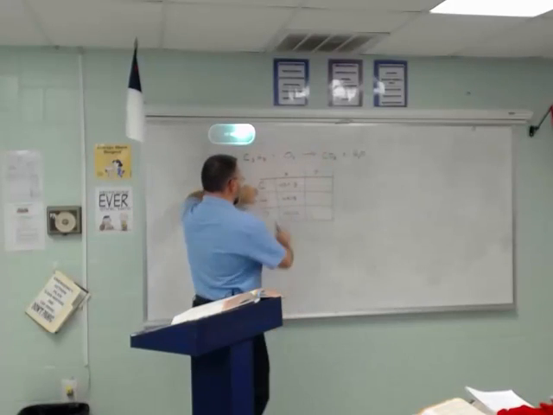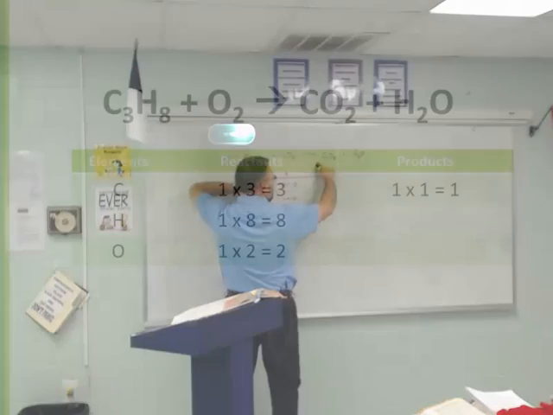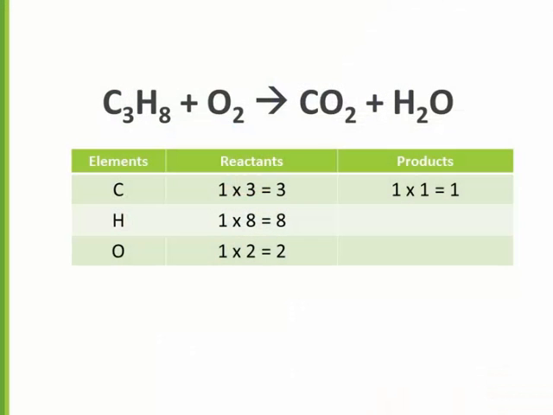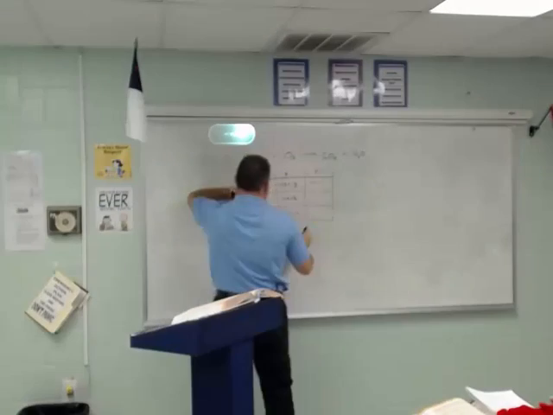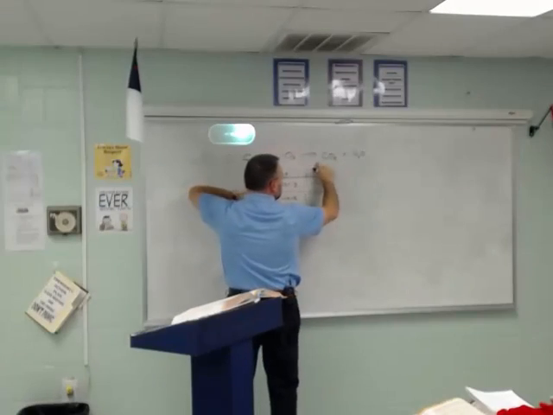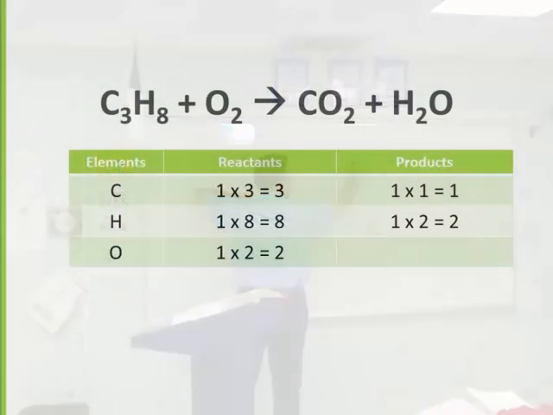Top to bottom. Carbons, going left to right. What do I have here? One set of 1. Now continue to look across. Do I find any others? No, I'm done. One set of 1 is 1. Hydrogens, left to right. My first occurrence here, what was that? One set of 2, so it's 1 times 2.